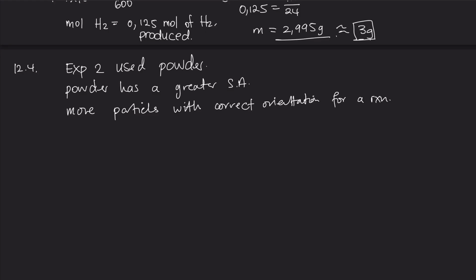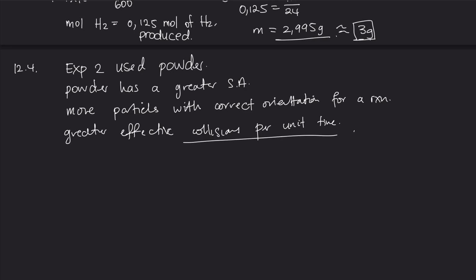That means greater effective collisions per unit time. So this is important. And then that means a greater rate, which means steeper slope.